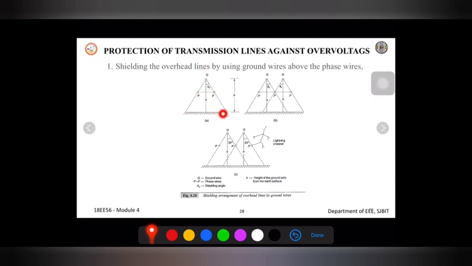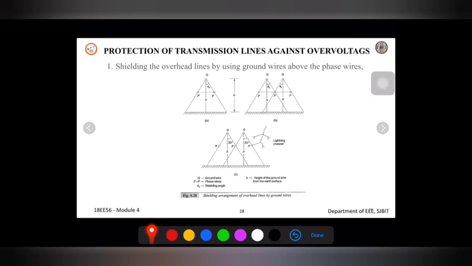This is how the height will be decided. Usually, for this single tower, H will be 30 meters, and P is the phase, and we have an angle theta S between them. The angle between phase and ground wire is called the shielding angle, theta S.